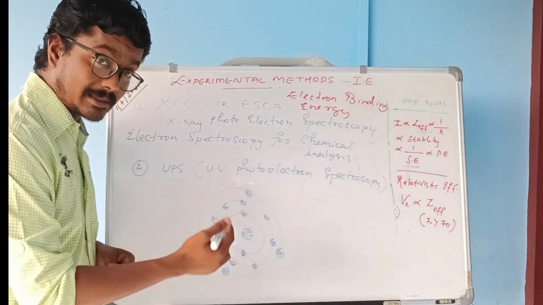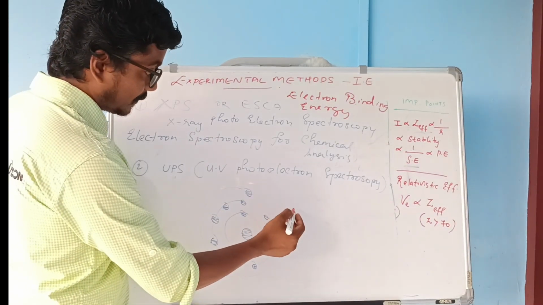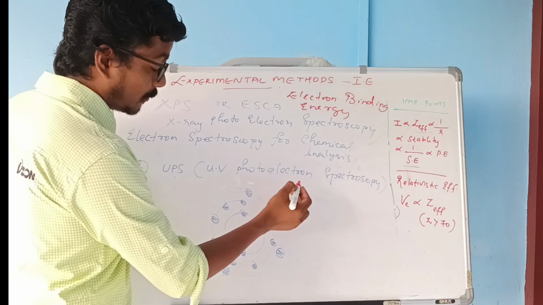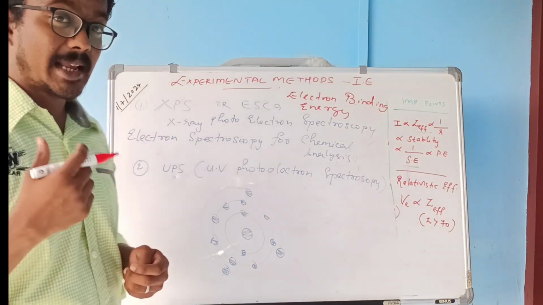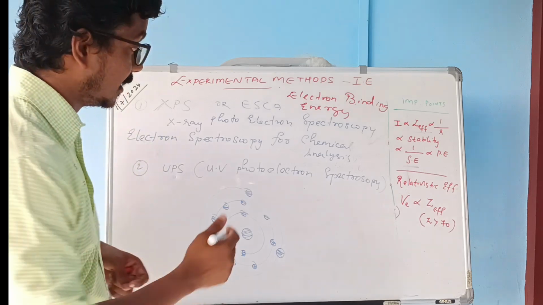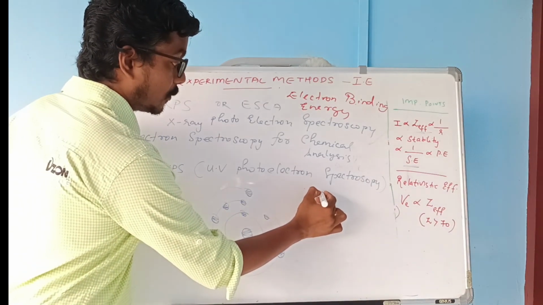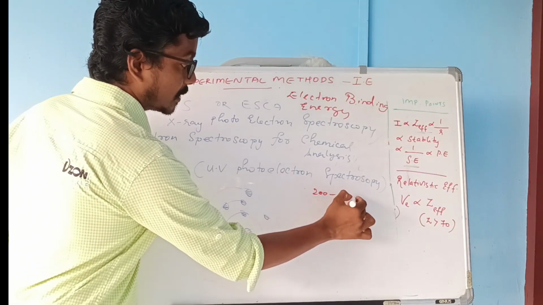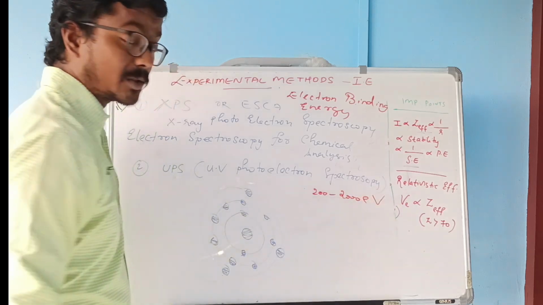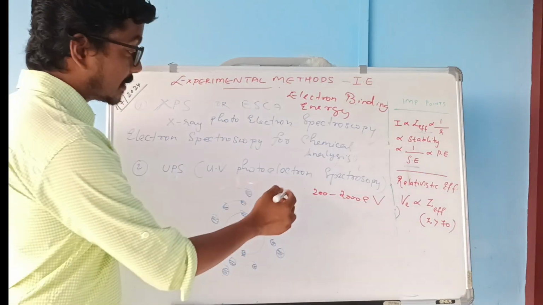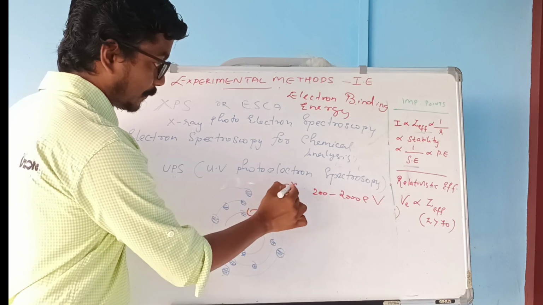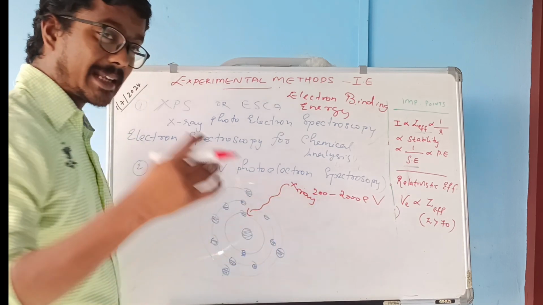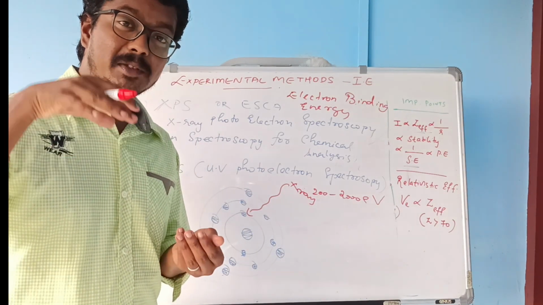So let us take the illustration first. In the case of X-ray, the X-ray has very high energy, of the order of 200 to 2000 electron volt. So this X-ray will strike the atom's core electrons. Okay. The X-ray will strike the atom's core electron.